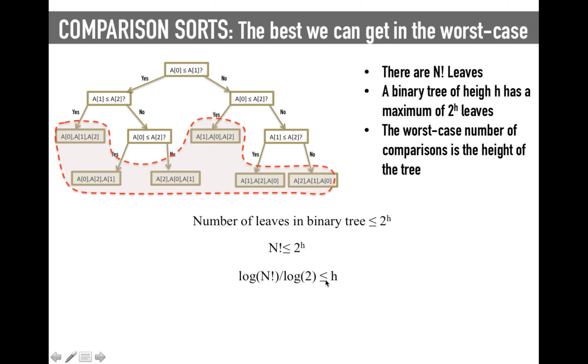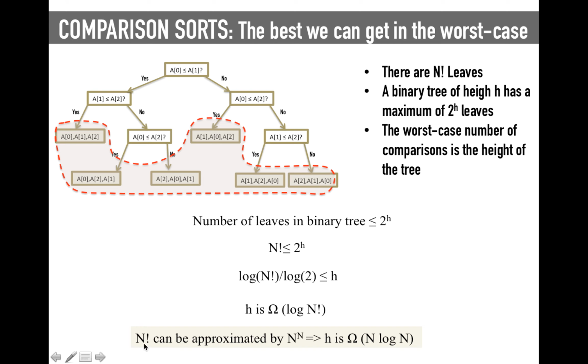Because h is always higher than that, we can say that h is omega of n log n. And there's an approximation that says that n factorial can be approximated by n to the n. So log n factorial can be transformed into n log n. And that is the demonstration of why a comparison sort can never be better than that.